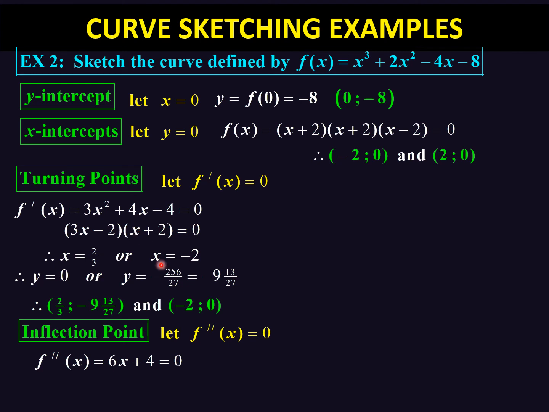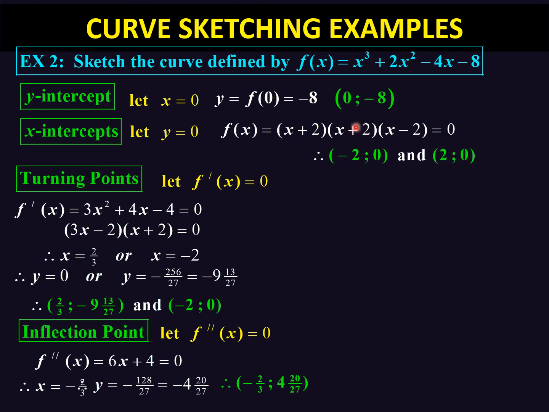There's a 6x, and that's a linear. So we see we go from a cubic to a quadratic to a linear. We're going to do that again later. That is a linear, that's easy, and that should just give you negative 2/3. And then we need the corresponding y value. Go to the calculator, and there's the corresponding y value. So there we have our points.